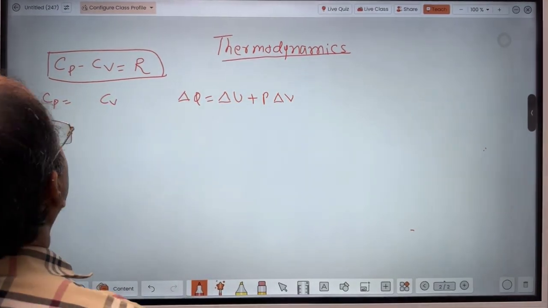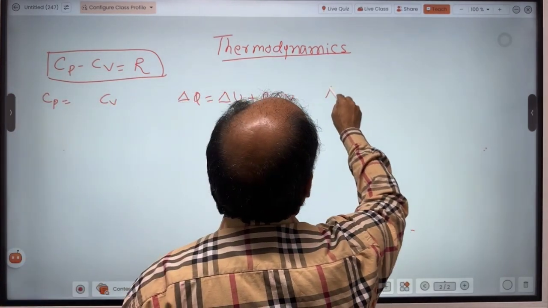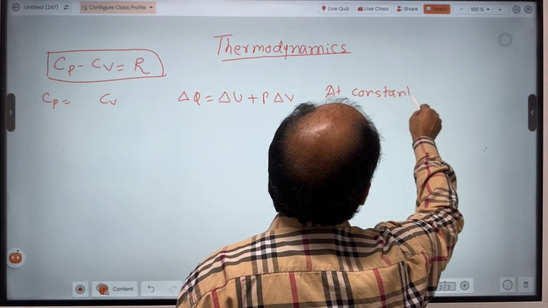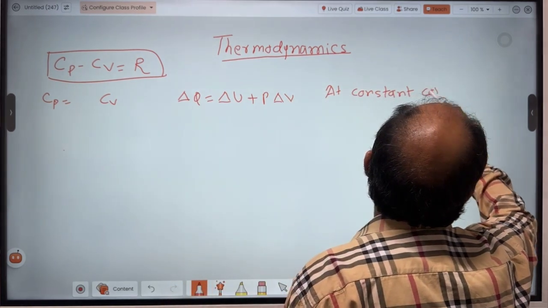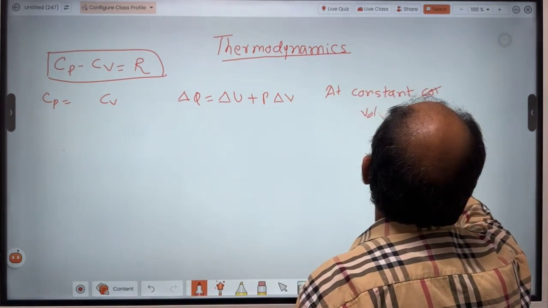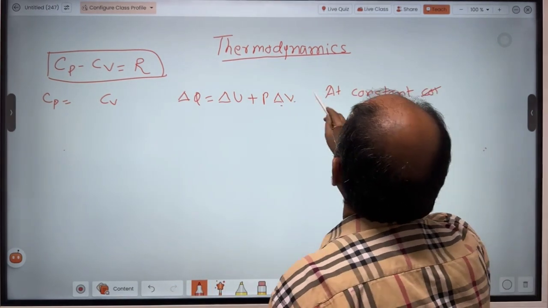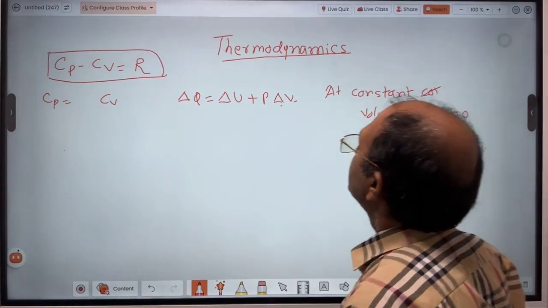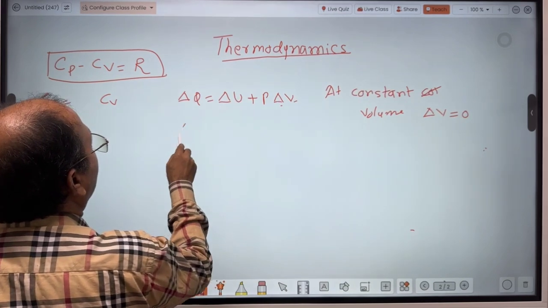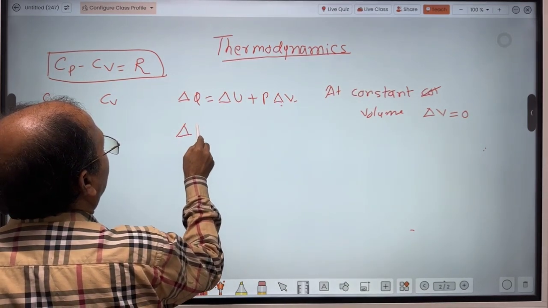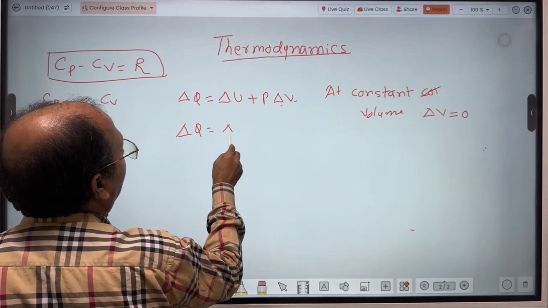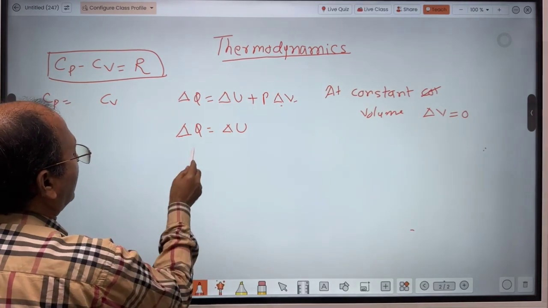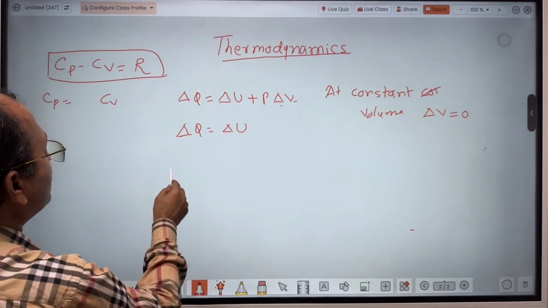Now, if volume is constant, at constant volume, what will happen? This delta V, the change in volume, will be 0. If the change in volume is 0, then we will get delta Q equal to delta U. Now we find the change with temperature.